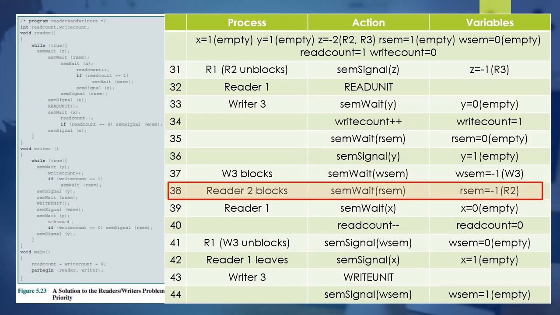Reader 2 does a wait on RSIM. RSIM goes to -1. Reader 2 blocks in the queue of RSIM. Why did this happen? Right now reader 1 is reading the file. A writer has just come in. Reader 2 came before this writer, but remember that this system prioritizes writers.